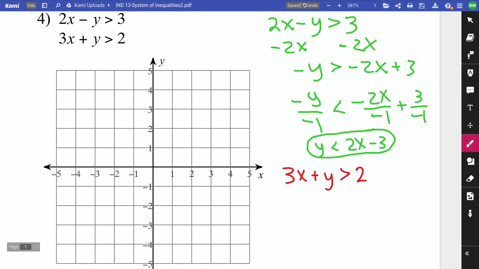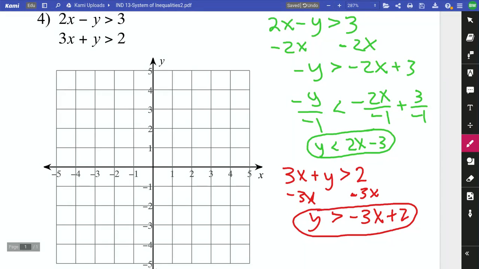We subtract 3x from both sides, and on the left we get y, and on the right we get negative 3x plus 2, and that one's done. And we didn't have to worry about dividing by a negative or anything to flip the sign. It's done. Okay, so now we're going to graph these.